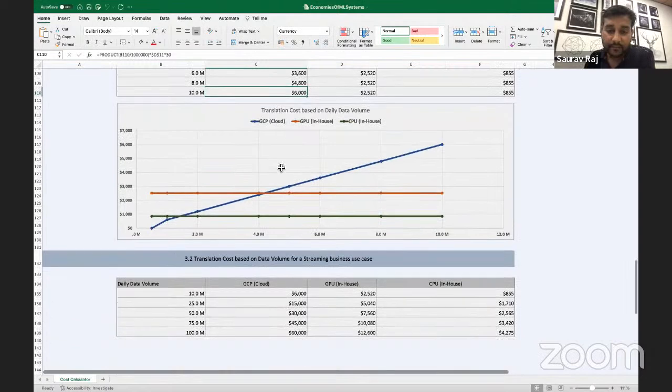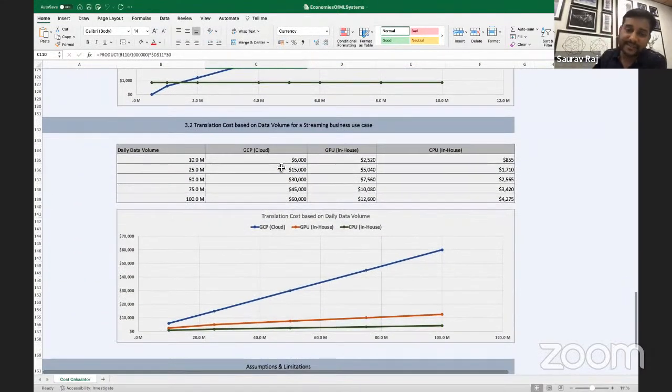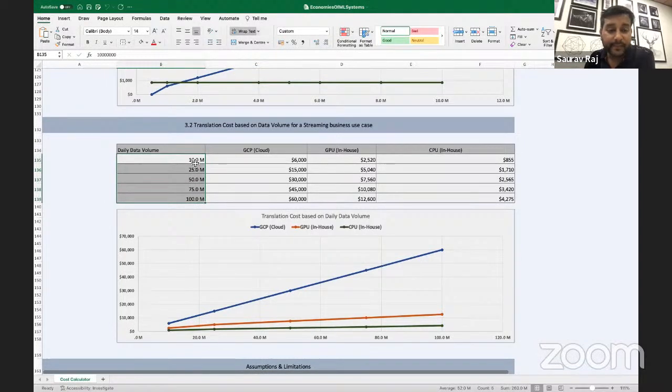And this is what is evident in this chart, which is just the extension of the previous one. Now when the daily data volume is on the much higher side, from 10 million characters to even 100 million characters, you are paying $60,000 to GCP, but only $12,000 to run the solution in-house.